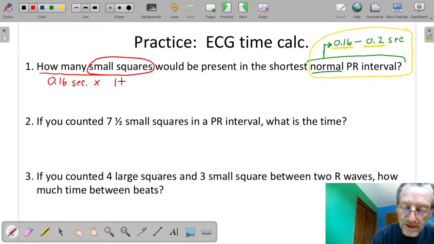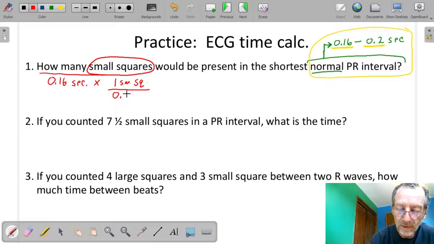So it's one small square. I'll abbreviate small and square. How much time is that? One small square is equal to 0.04 seconds. All right?